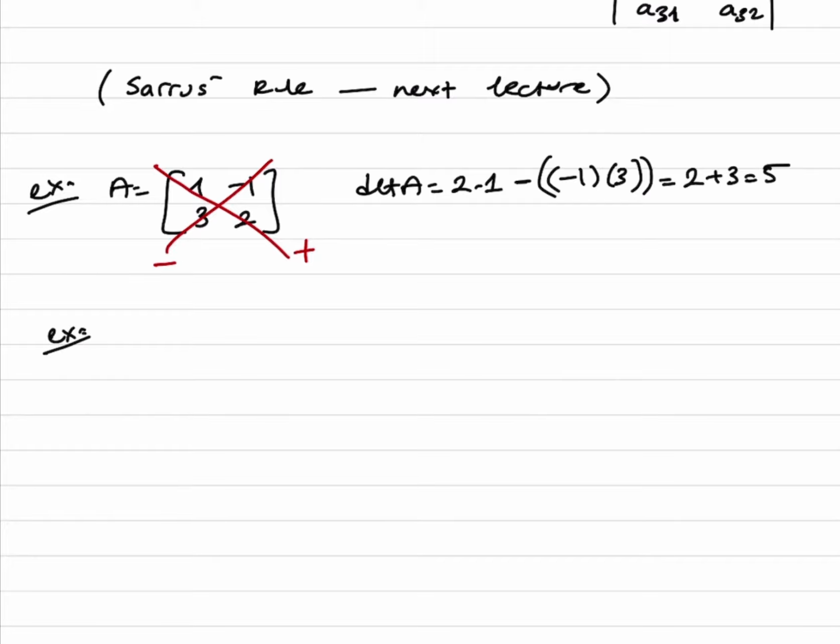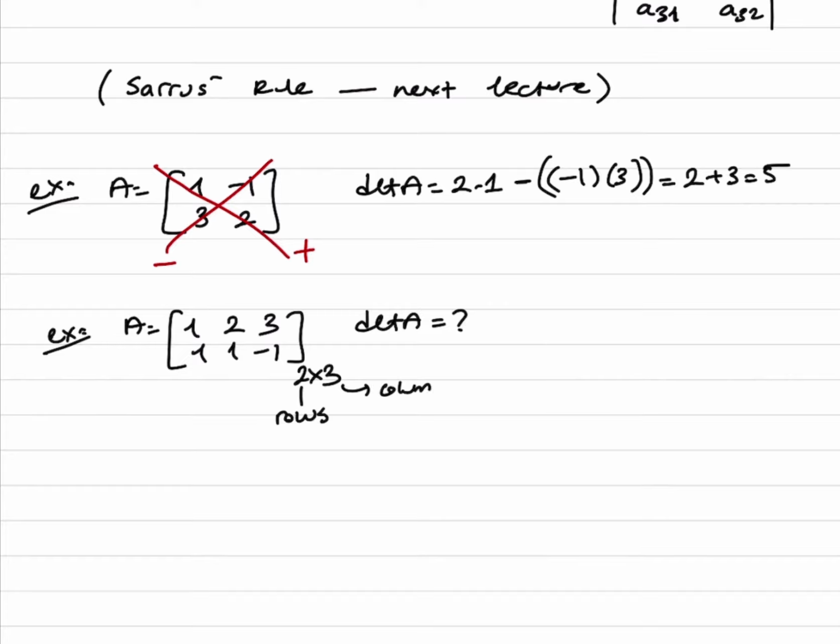What about if you want to find the determinant of this A? This is not defined, right? Because this is a 2 by 3 matrix. So we have 2 rows and 3 columns. So the determinant of A is not defined.